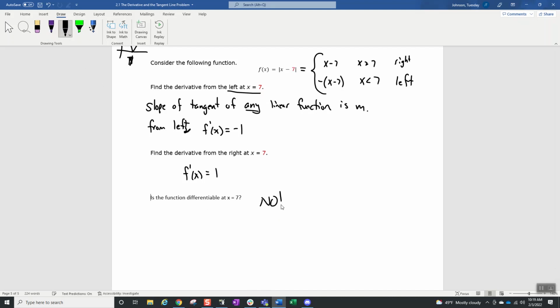No. A resounding no. Our function, f of x, looks like this. Pretend that's a straight line. Our derivative looks like this.